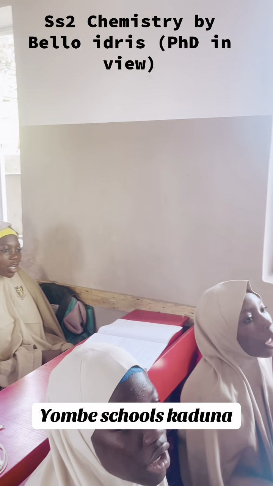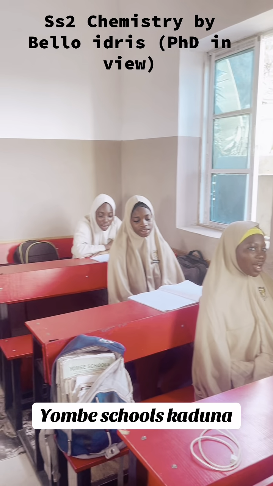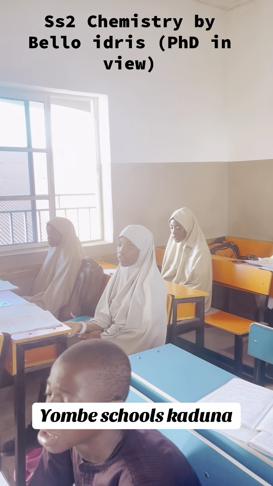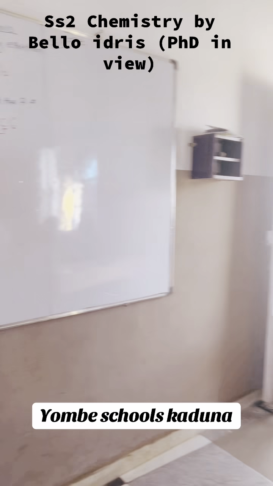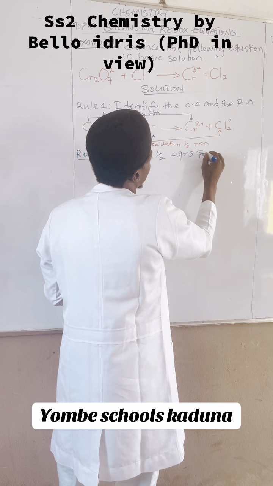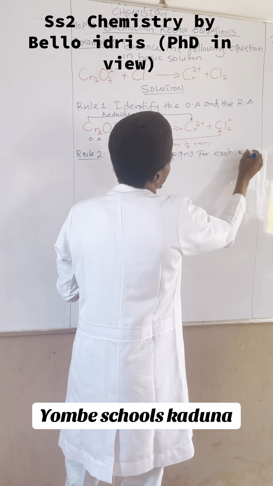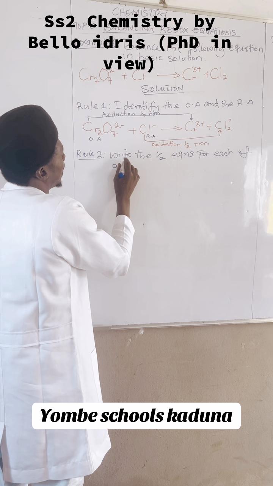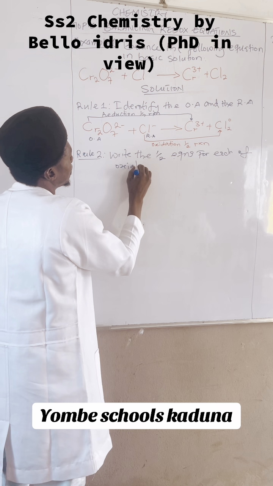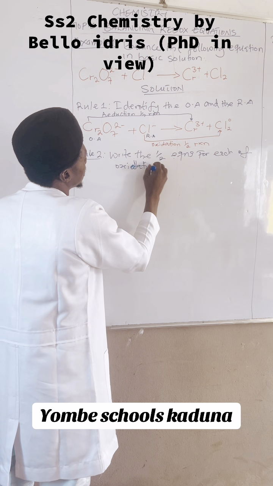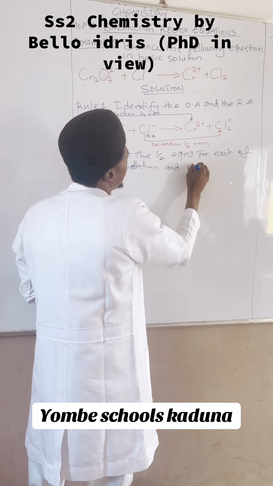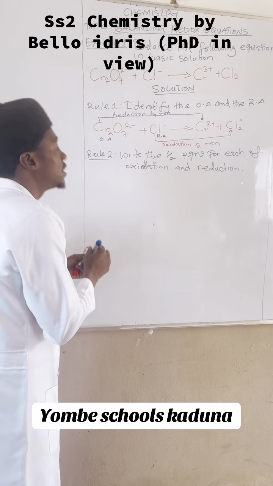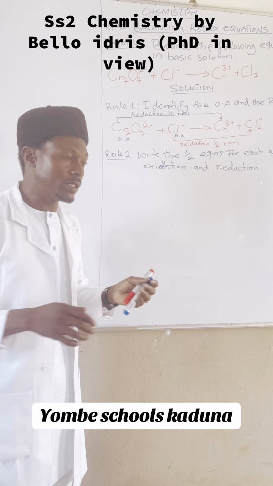Write the half equation for each of the oxidation and the reduction. So now we split the equation into two.